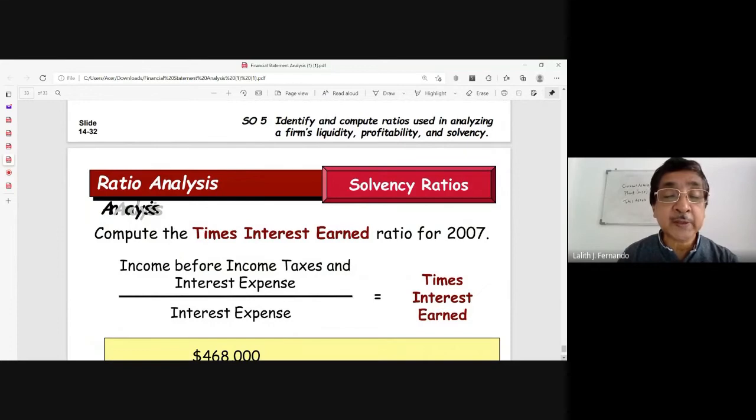Income before income taxes and interest expenses, divided by interest expenses, is times interest earned. It can be taken as the interest cover ratio.